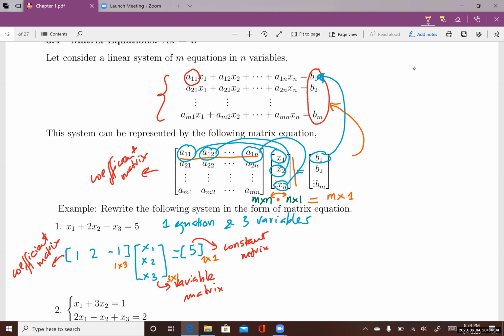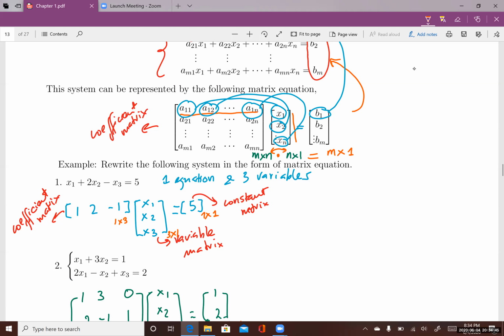Is there any relation between this B matrix and this coefficient matrix? Then we would know when we will have a consistent system or an inconsistent system.